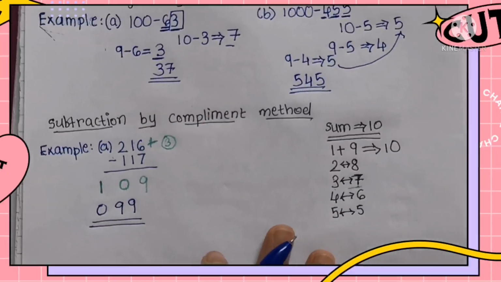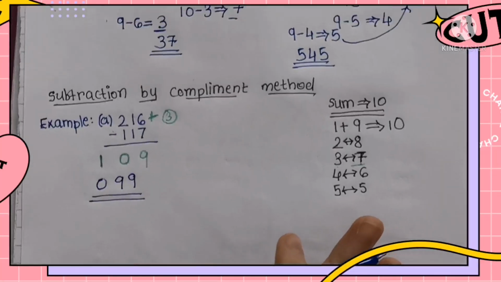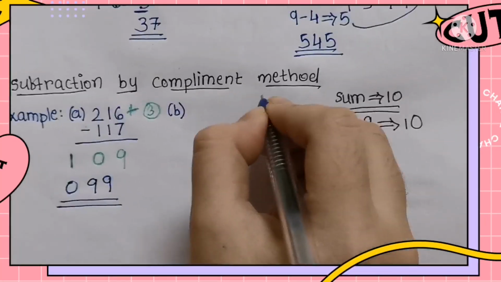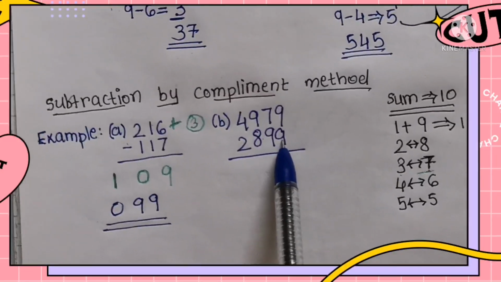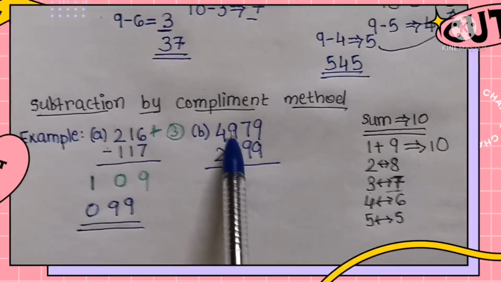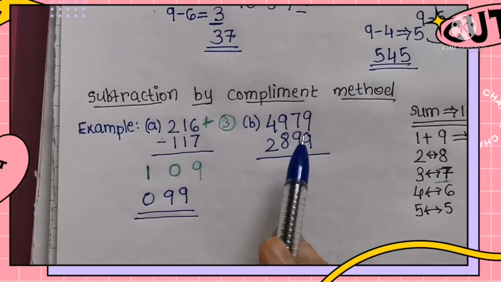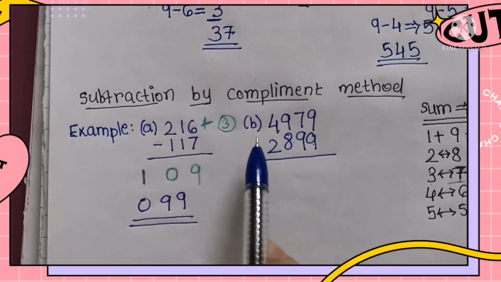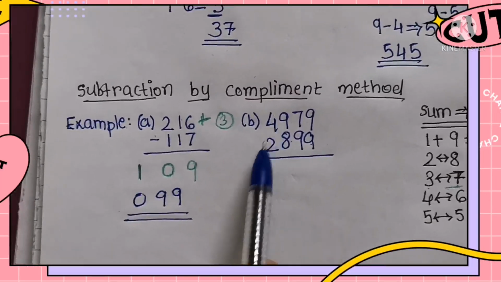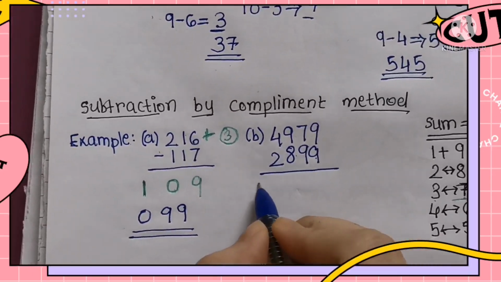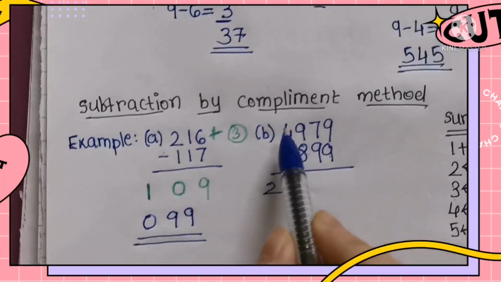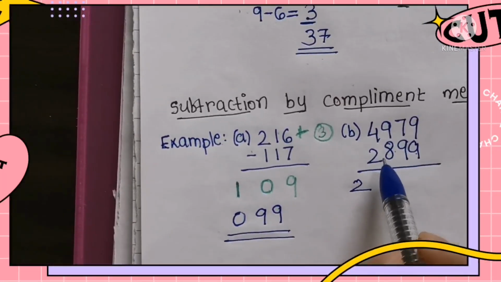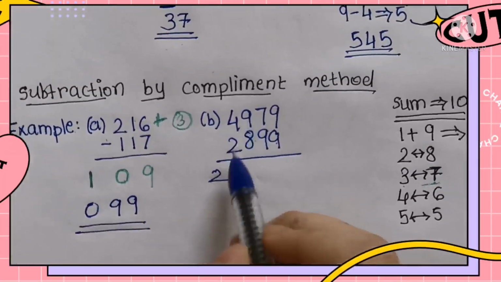We will take one more example to make the idea clear. Let us subtract 2899 from 4979. We start from the left side. 4 minus 2 is 2. Now let's come to the hundreds place. 9 minus 8 is 1.